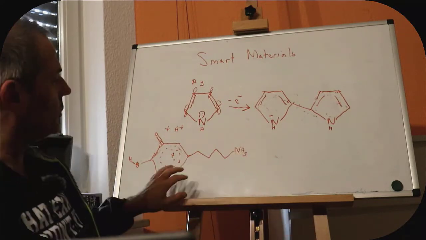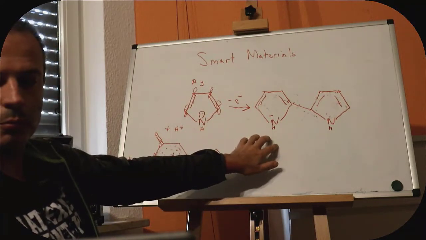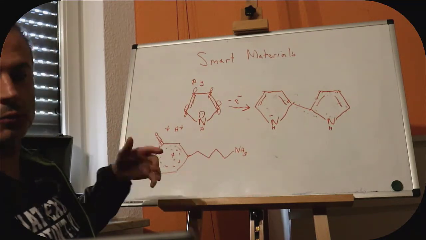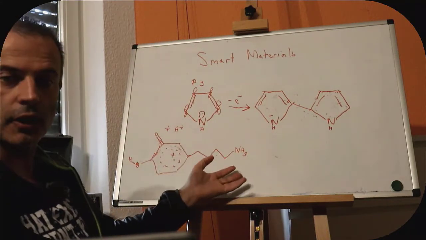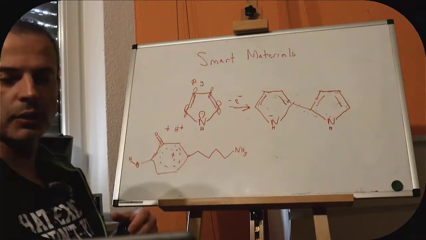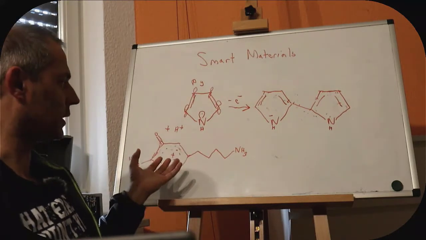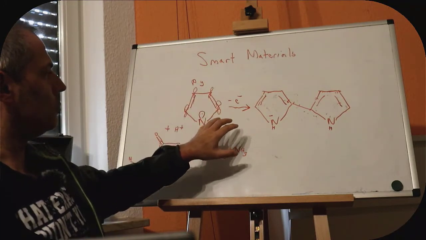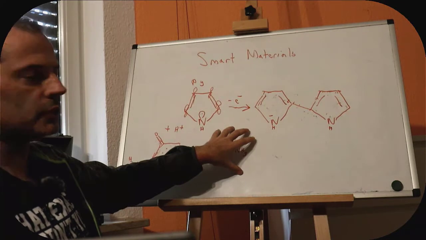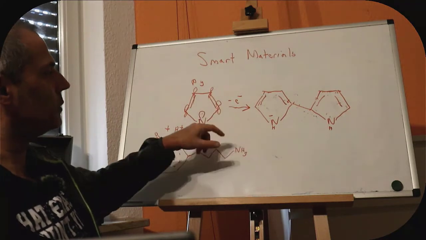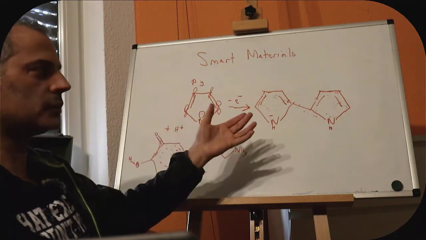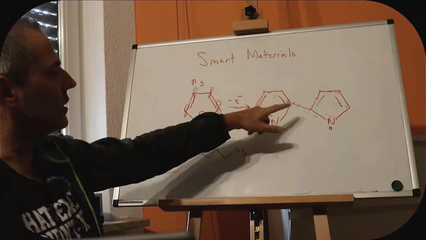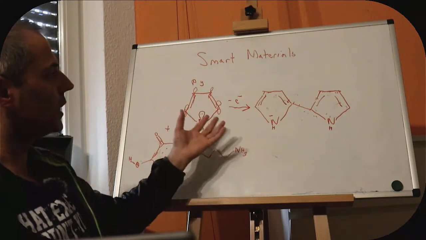So our dopamine does a similar reaction to the pyrrole, but the pyrrole is simpler because it doesn't have these 2 OHs which also react, and it doesn't have this other ring-forming reaction, which makes it super complicated. The pyrrole only polymerizes, and it polymerizes particularly well when about half of it is oxidized, because then half of it is in the positive radical state, and it will react with other things.